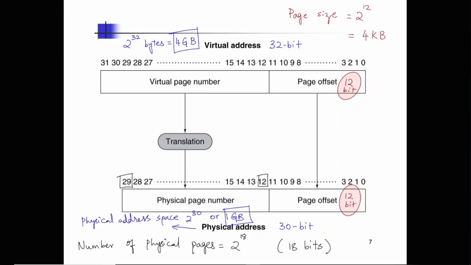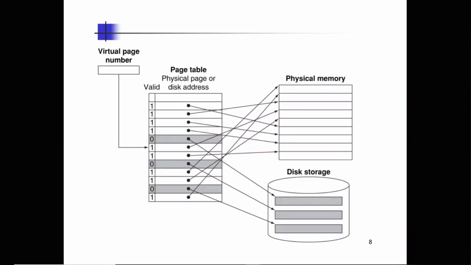All right, let's move to the mapping between a virtual page number and the physical memory, or sometimes we might need to access the secondary storage, which is the disk storage over here. This slide has the virtual page number all the way to the left. We are seeing a page table in the middle, for a particular program.